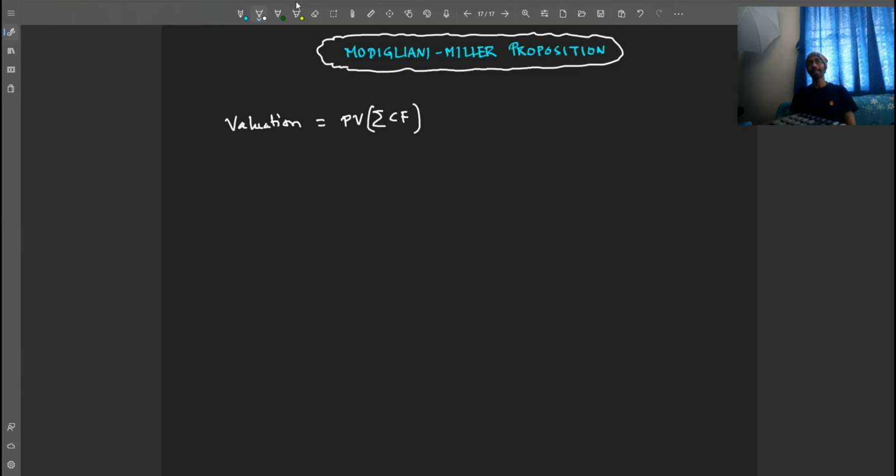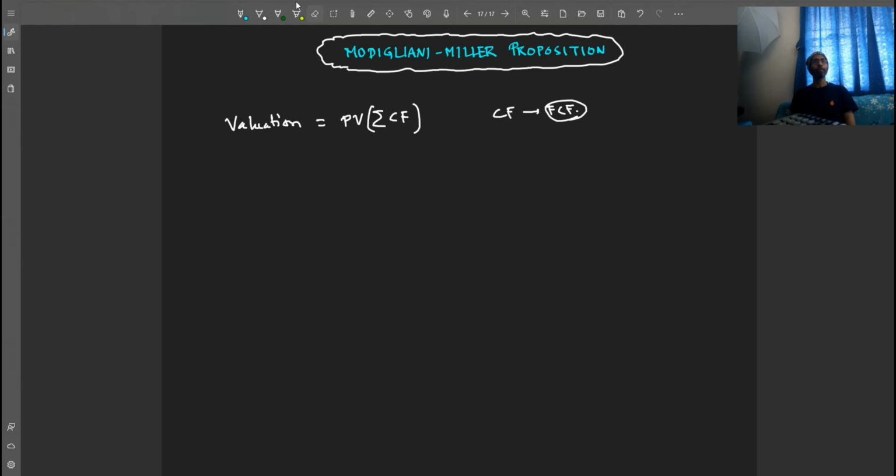Cash flows in the sense of free cash flows. Now, measuring free cash flow is a separate topic. Right now, we are more concerned with finding the present value of the cash flows.